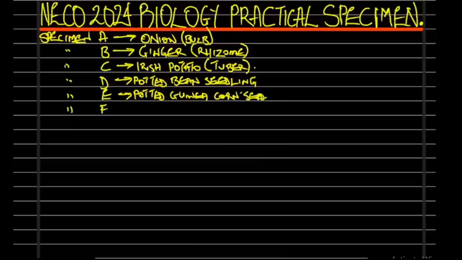And then for our specimen F, we're told to get the pigeon's head with its neck. That is what we were told to get. And then our specimen G happens to be the atlas vertebrae of a rabbit.